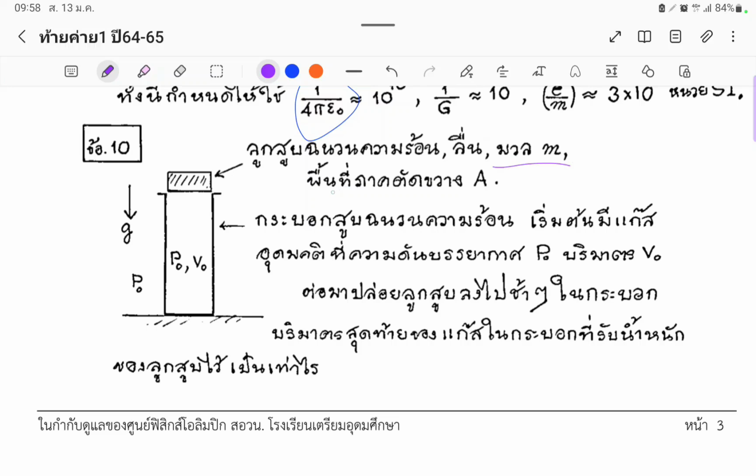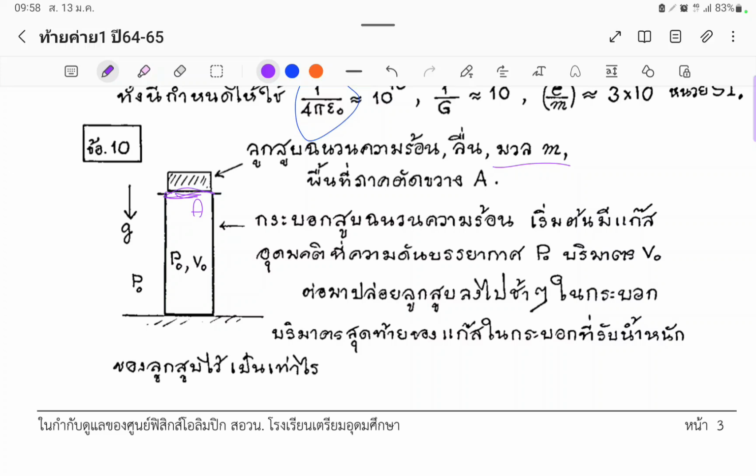The piston has mass m, and this one is the cross section area of the mass m. I don't know. And then this one is also an insulator.